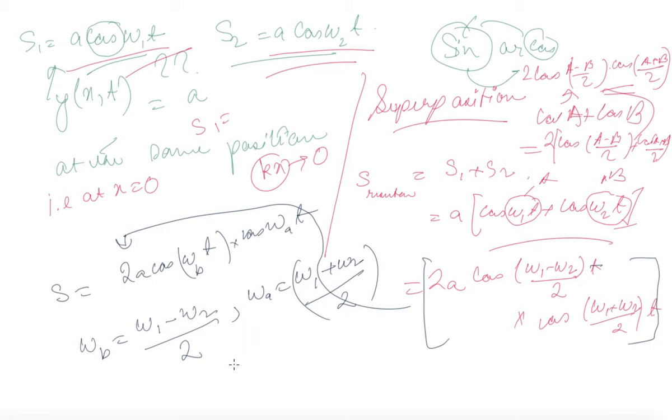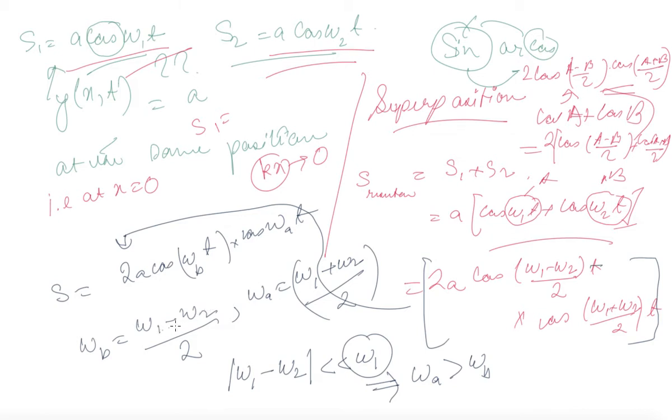What happens when omega 1 minus omega 2 is very much less than omega 1? This implies omega a is greater than omega b.